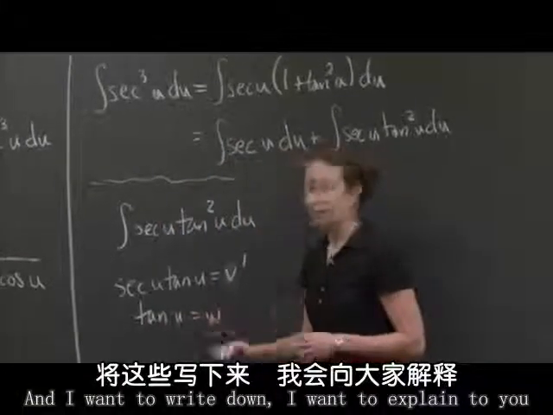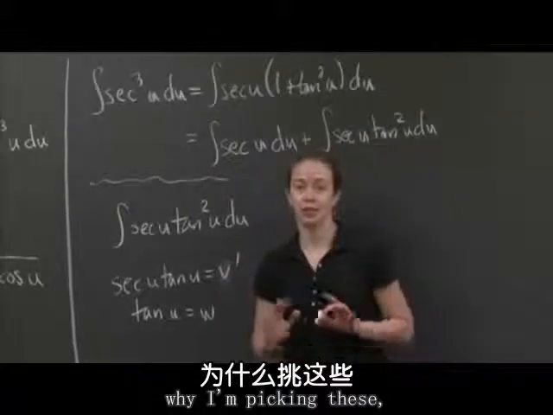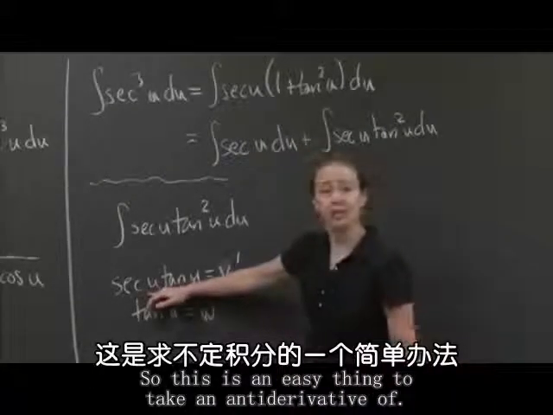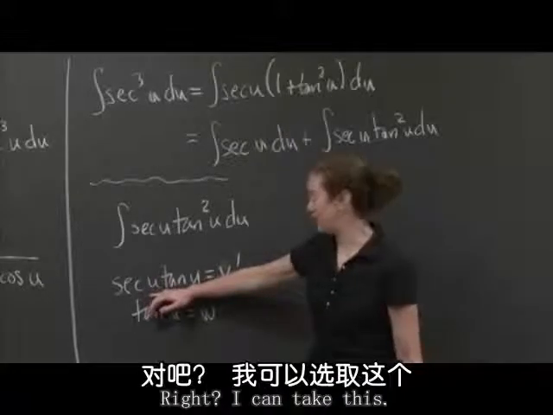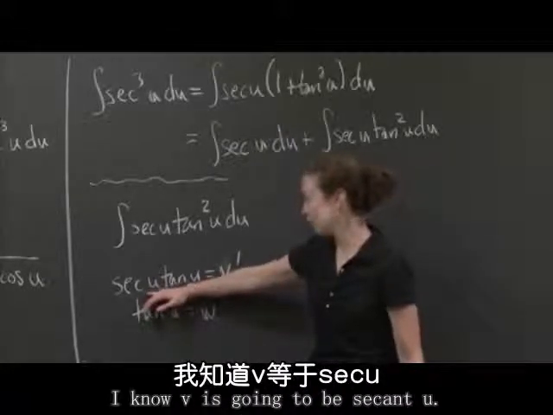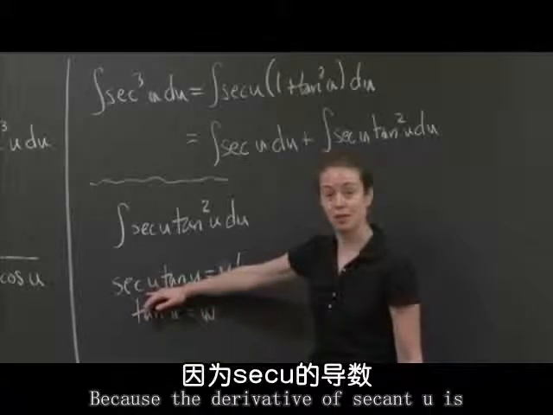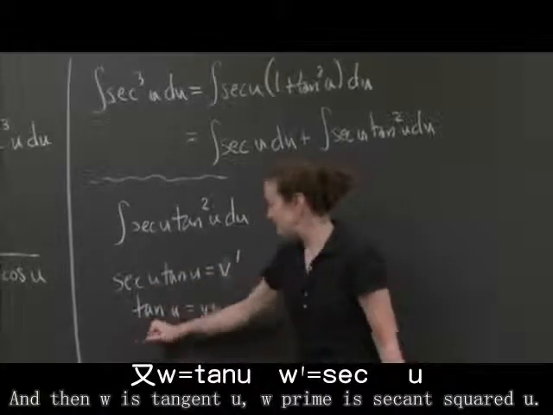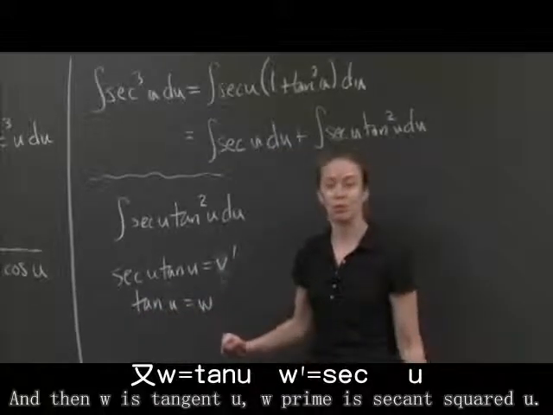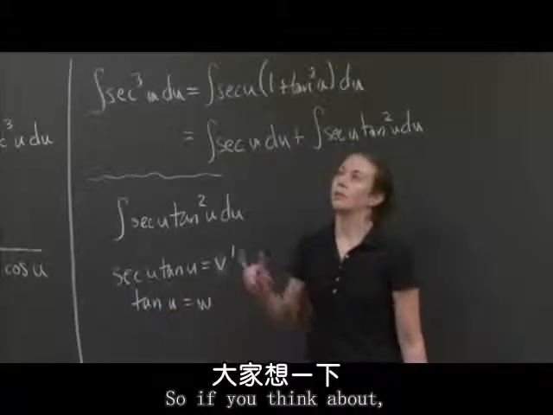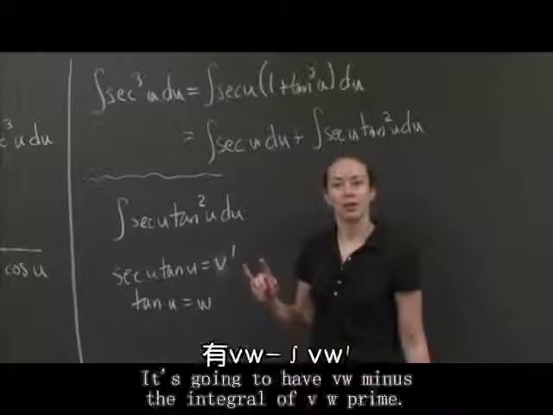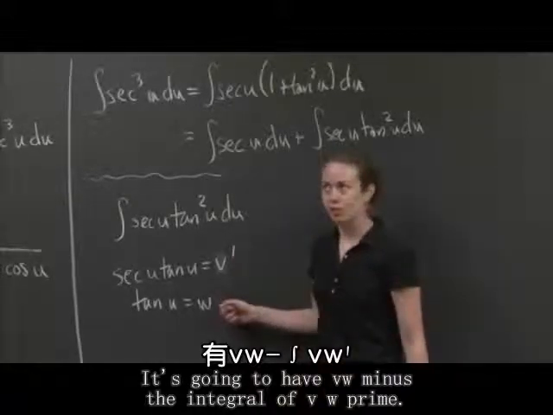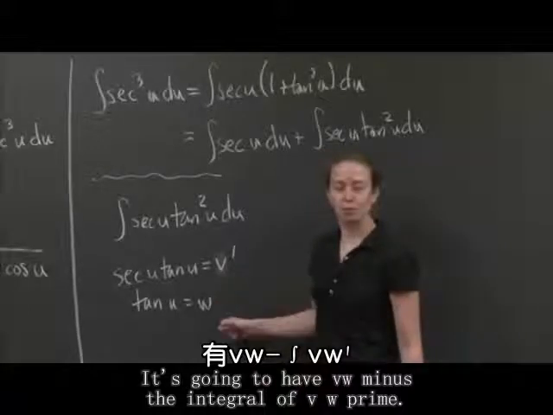I want to explain why I'm picking these and where this is going to get us. This is an easy thing to take an antiderivative of, right? I know v is going to be secant u, because the derivative of secant u is secant u tangent u. And then w is tangent u, w prime is secant squared u. So if you think about what integration by parts has, it's going to have vw minus the integral of vw prime.